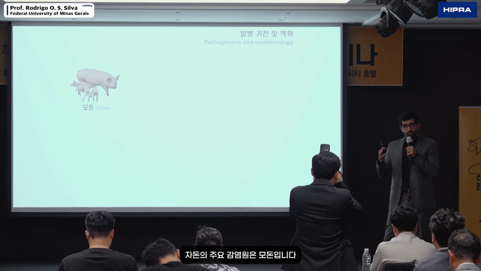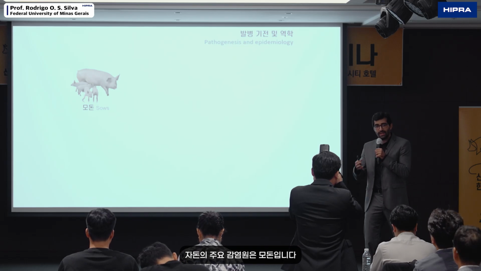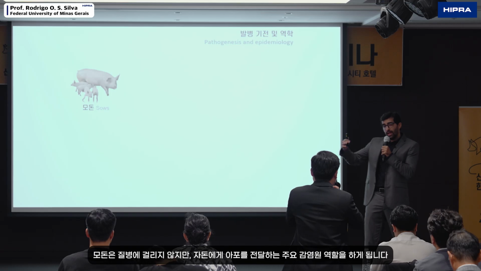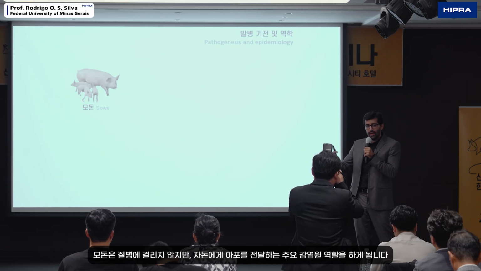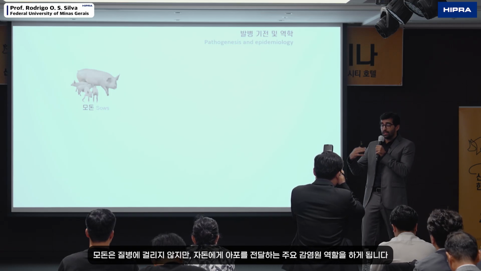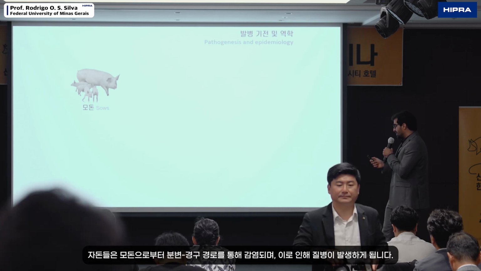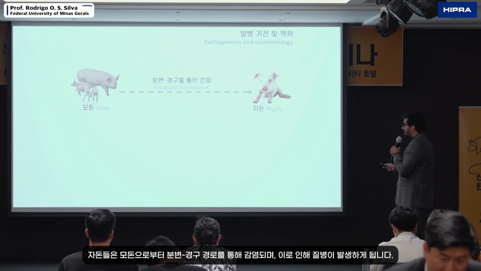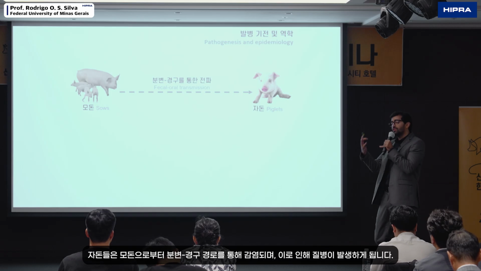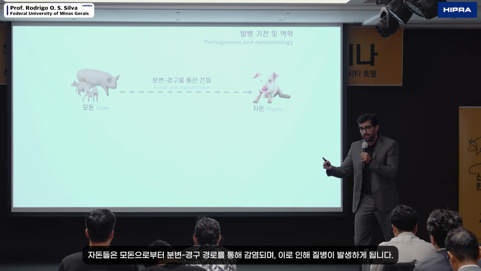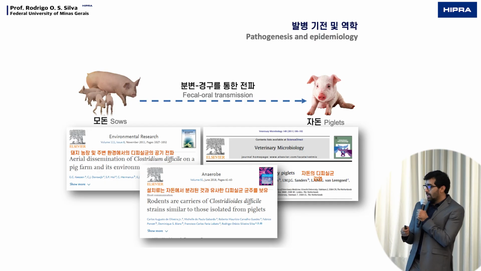The main source of spores for the piglets are the sows. The adult animals are not affected, they don't have the disease, but they are the main source of spores for the piglets. The piglets receive the spores by fecal-oral transmission, and they can really develop the disease.